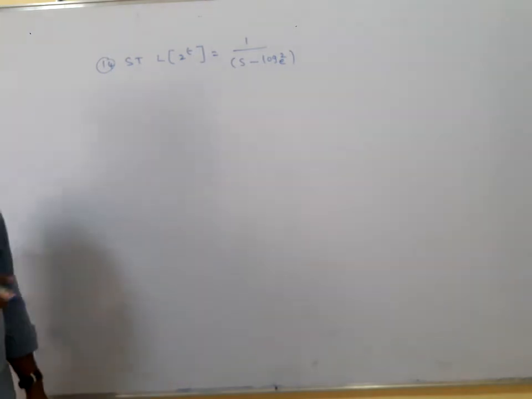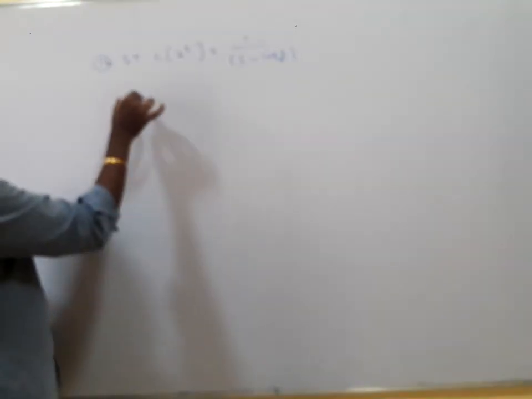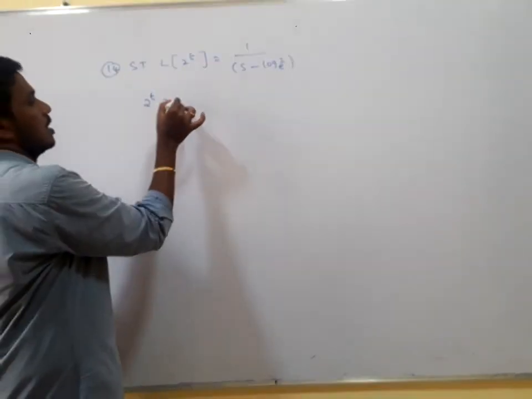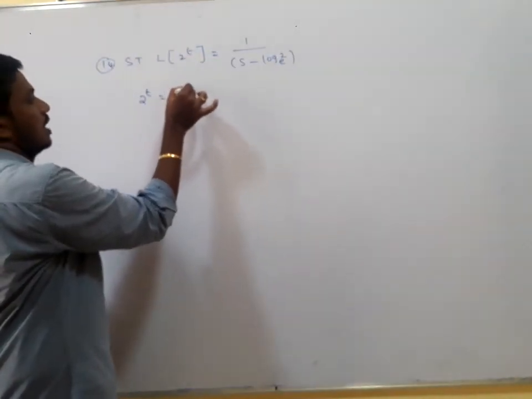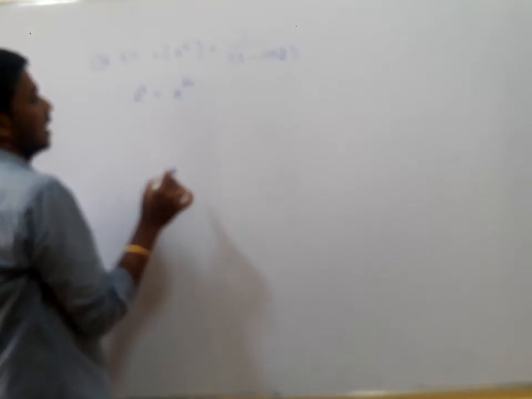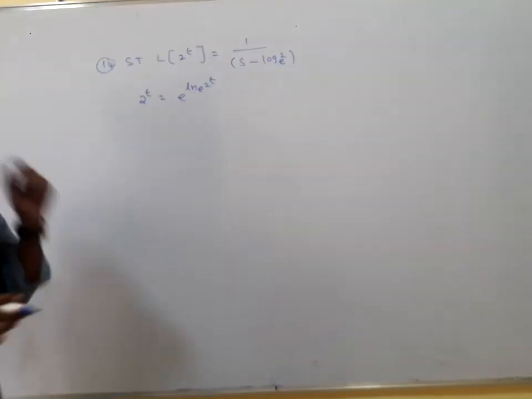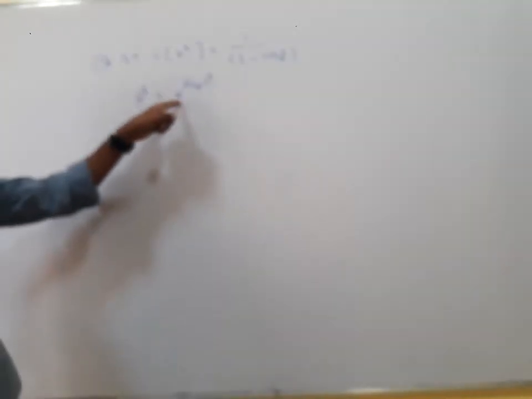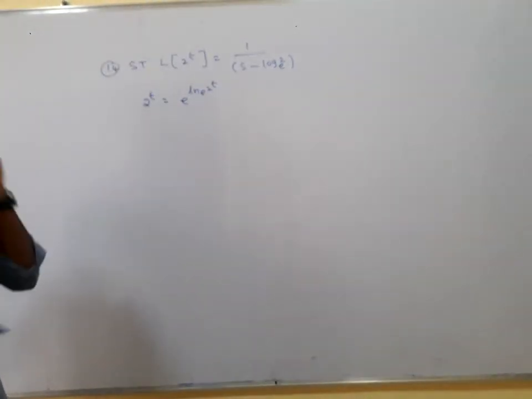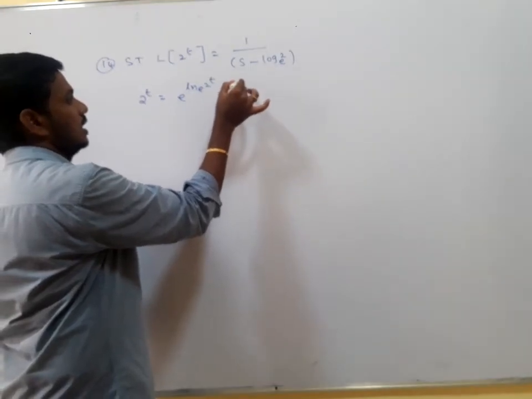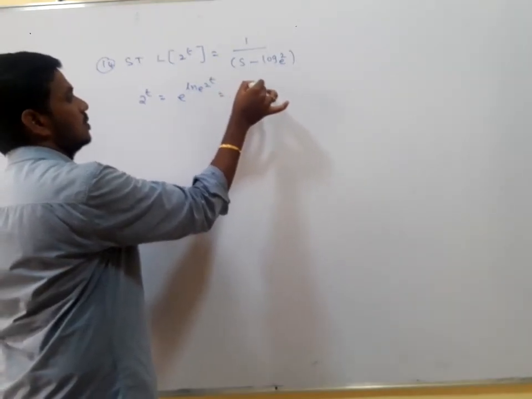In this case, I am writing 2 to the power of t, since we know that 2 to the power of t is equal to e to the power of ln of 2 to the power of t. Here e to the power of ln is nothing but 2 to the power of t. This can be written as e to the power of t log 2 base e.